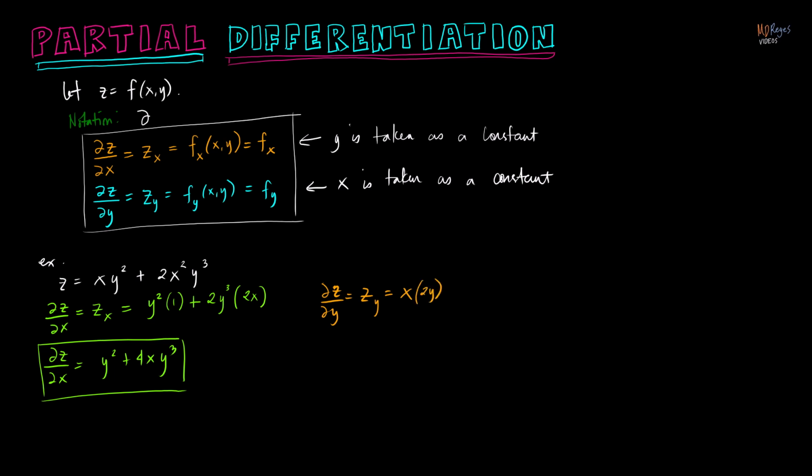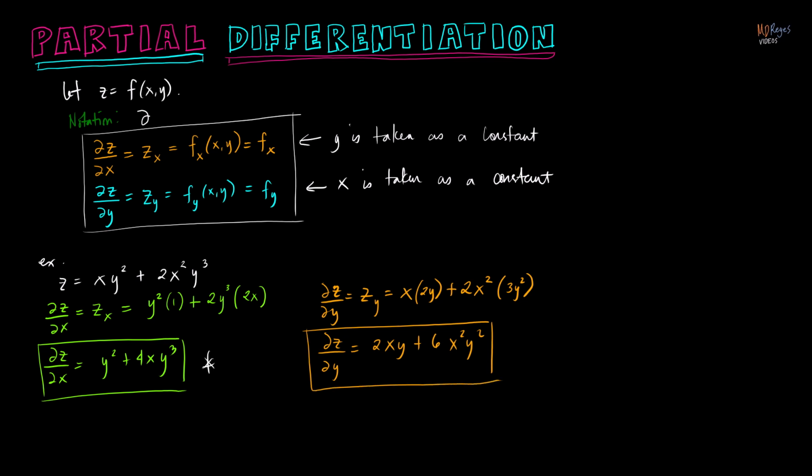And we'll get 2y. Plus, in the second term, we have 2 as a constant and also x squared. And we take the derivative of y cubed with respect to y. Using power rule, we get 3y squared. So the partial derivative of z with respect to y is equal to 2xy plus 6x squared y squared.